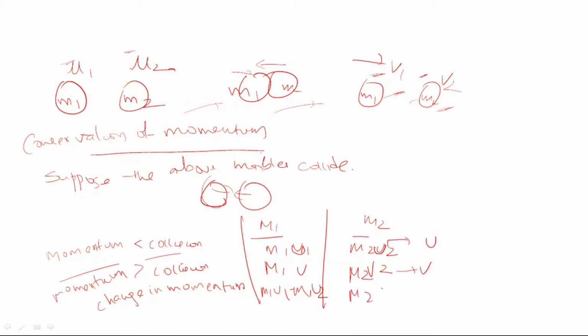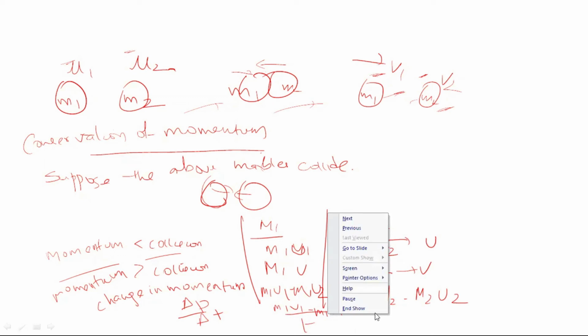Rate of change of momentum, delta P by delta t, is equal to (m1 v1 minus m1 u1) divided by t, and under marble 2, (m2 v2 minus m2 u2) by t.